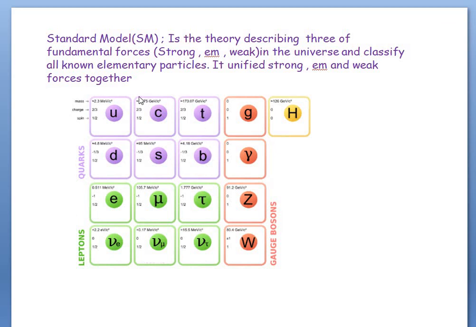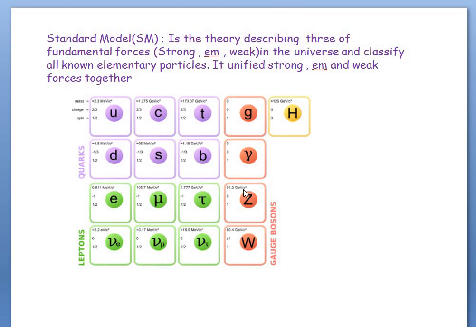There are 6 quarks and 6 leptons, and we have gauge bosons or field particles. There are 4 types of gauge particles, and along with them there is one particle known as the Higgs boson. The quarks are up quark, down quark, charm quark, strange quark, top quark and bottom quark. These can be represented by U, D, C, S, T and B. And the leptons are electron, electron neutrino, muon, muon neutrino, tau, tau neutrino.